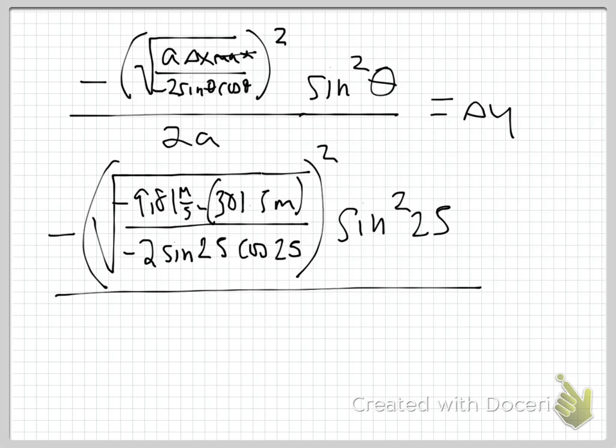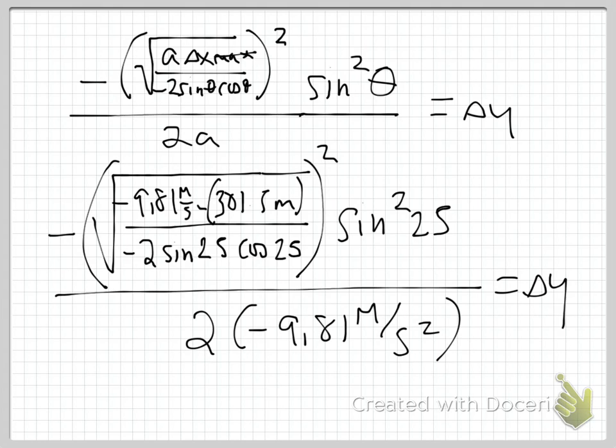Do you know why we write the sine squared 25 like that? Have you done that in math? If you write sine 25 squared, then it looks like you're taking the sine of 25 squared. You're not. You're taking the sine of 25 and squaring it. Okay, divided by 2 times negative 9.81 meters per second squared equals delta y.